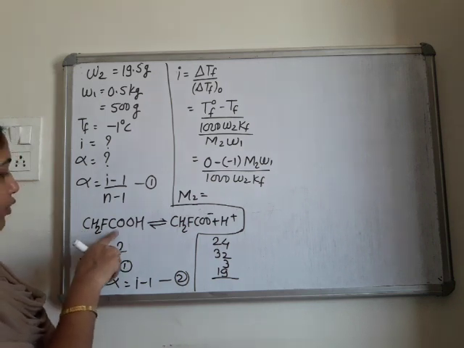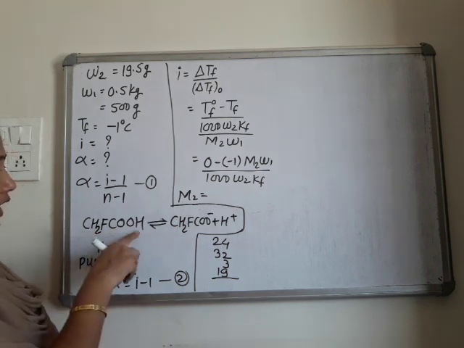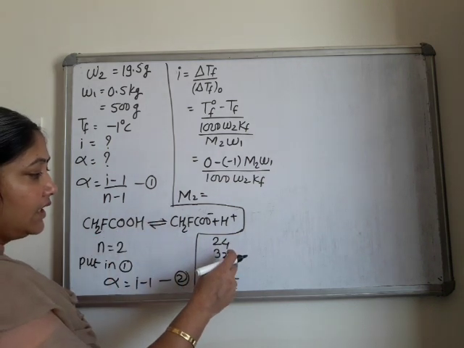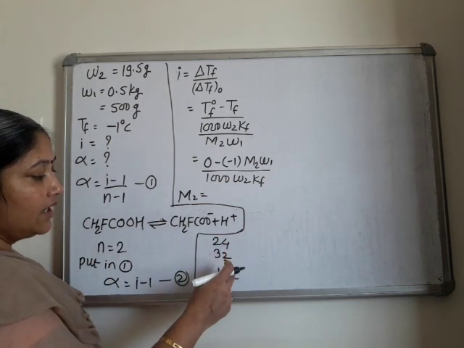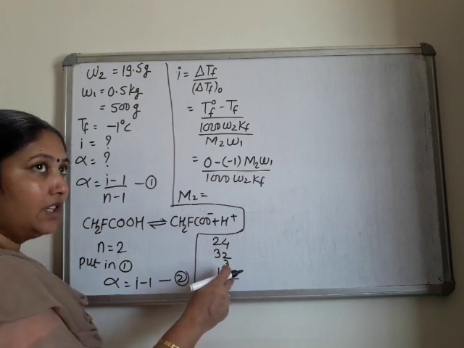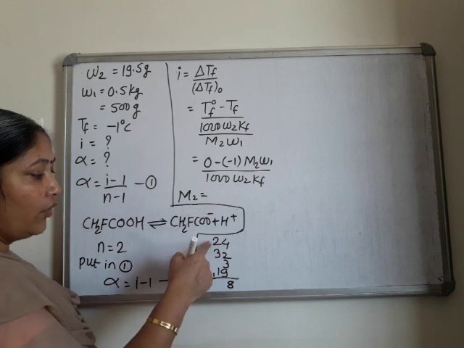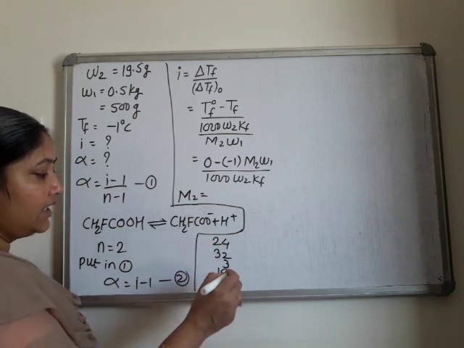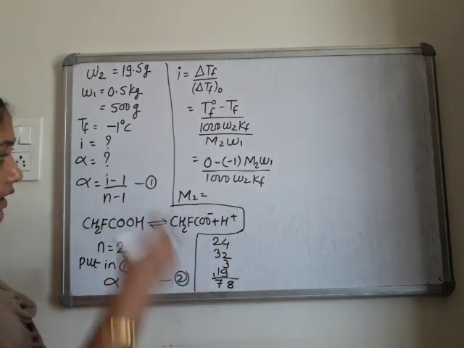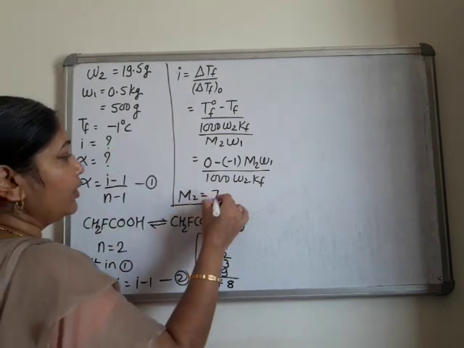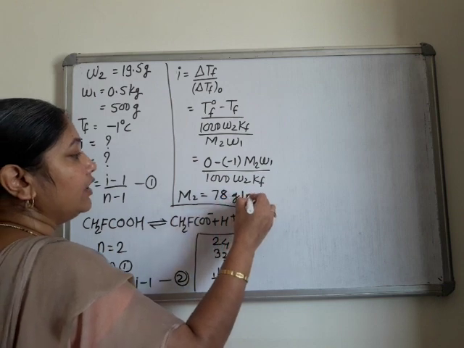See one more time: 2 carbons, 24; 3 hydrogen, 2 oxygen and 1 fluorine. See the total. What is it? 24 plus 32 is 56, plus 3 is 59, plus 19 is 78. Molar mass is 78. So M2 is 78 gram per mole.